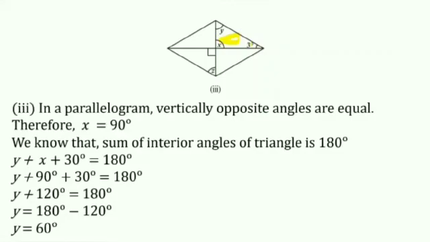Not z, but it is given 30 degrees. By mistake it is showing 3 degrees over here, that's fine. Here x is 90, y you have to find, and this is 30. And you know that x plus y plus 30 is equal to 180 by the angle sum property of a triangle. So y plus 120 is equal to 180. So y is equal to 60 degrees.